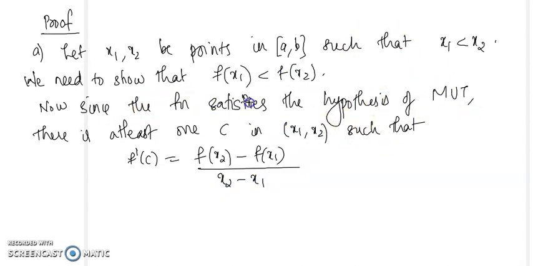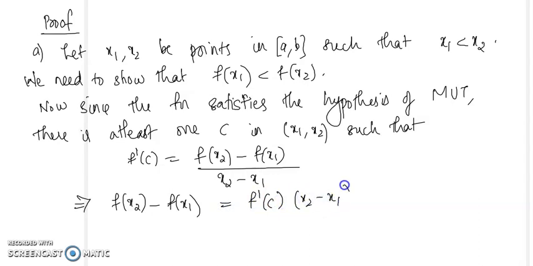So if you look at the function f, it will satisfy this condition. So f dash of C equals f of x2 minus f of x1 by x2 minus x1, which implies f of x2 minus f of x1 will be equal to f dash of C into x2 minus x1.